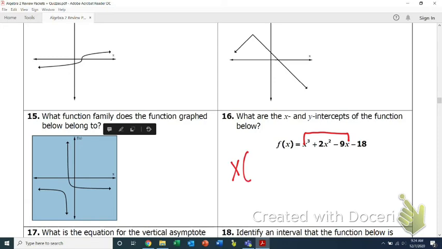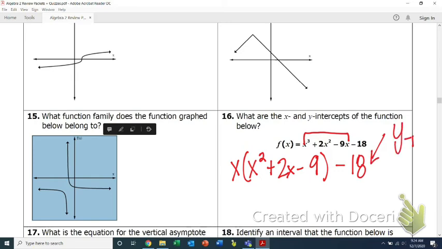So we've got an x squared plus a 2x minus a 9, and then minus that 18. We know this 18 has got to be our y-intercept. All right, let's do this. Let's see what happens here. We multiply to negative 9. Let's see.